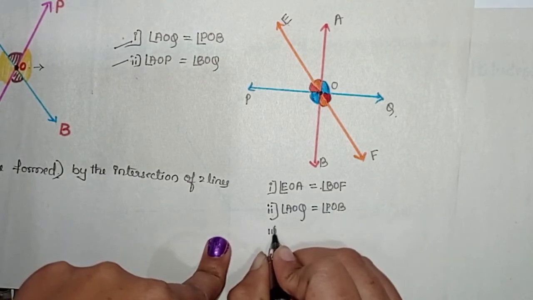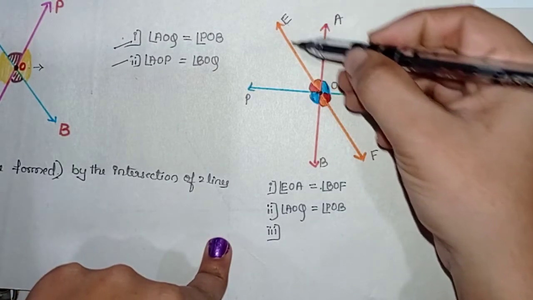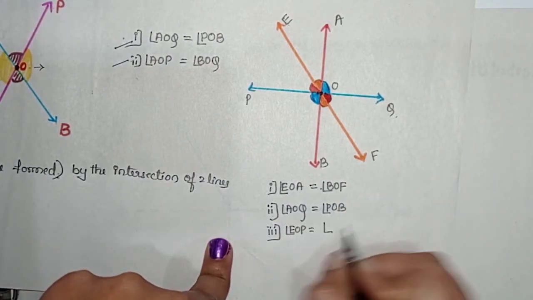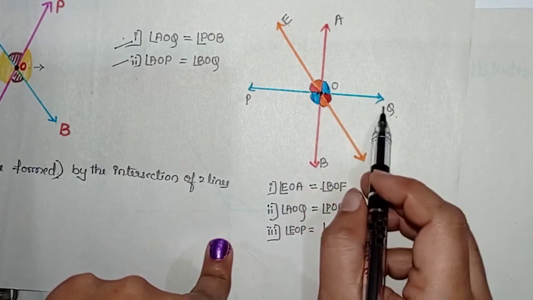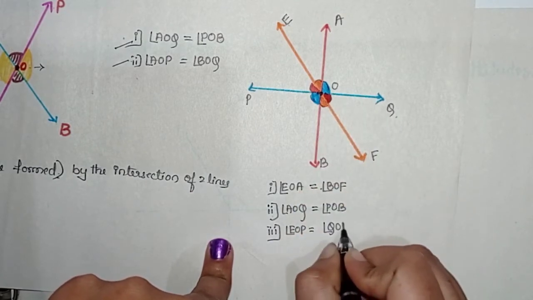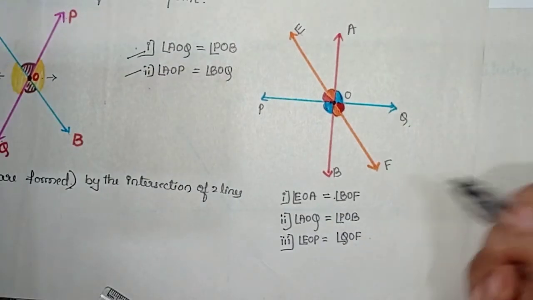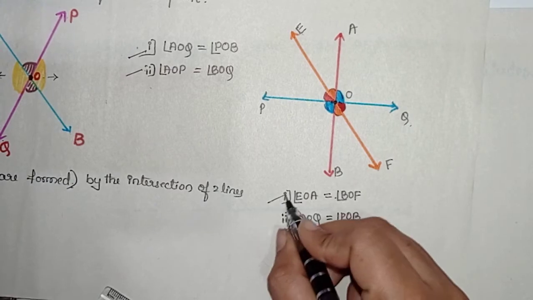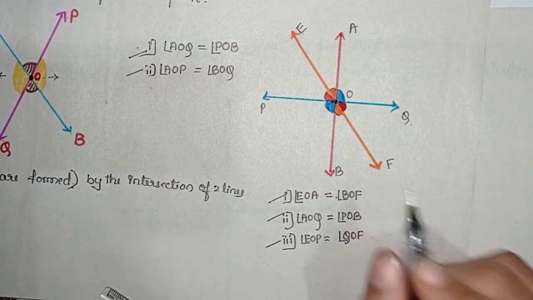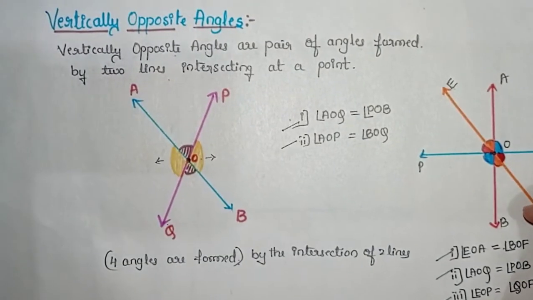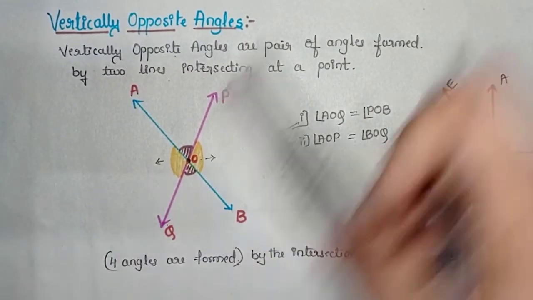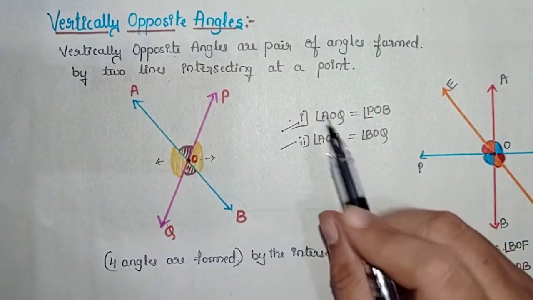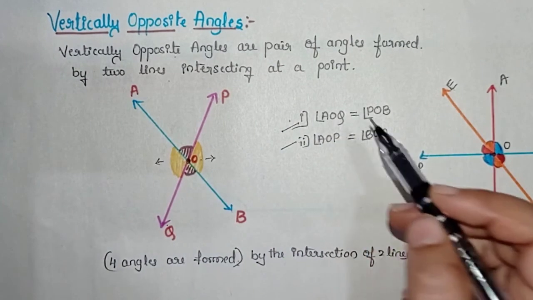Next one more pair is angle EOP, which is exactly equal to angle QOF. So by 3 lines intersecting each other at the same point, we got 3 pairs of vertically opposite angles. Like this, when the number of lines increases at the same intersection point, the number of vertically opposite angle pairs will also increase.